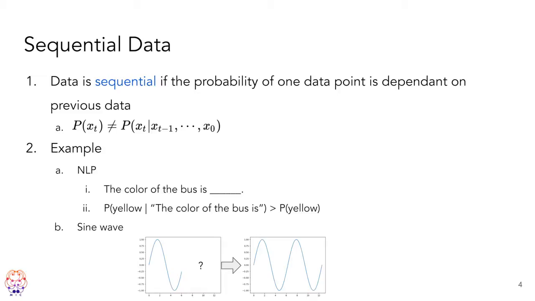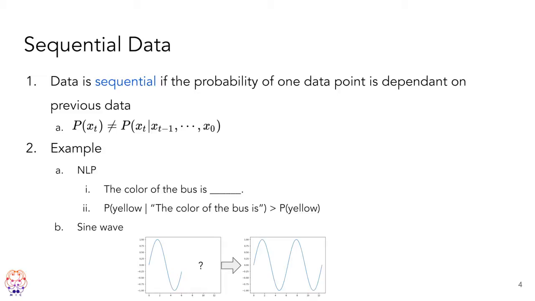Does that make sense? Another example is in NLP, where you want to predict what this word is right here, and you're given information previously. So you can think of each word as one data point, and this data point would have various values.